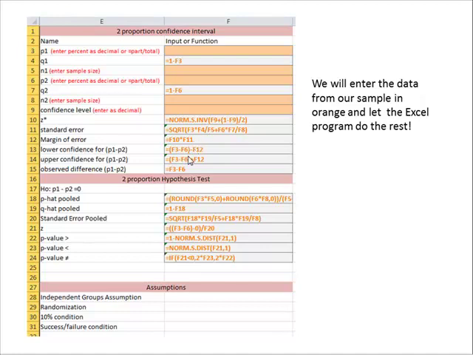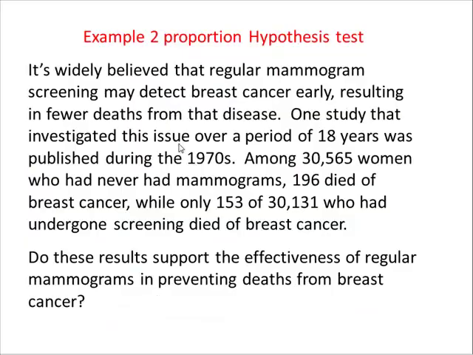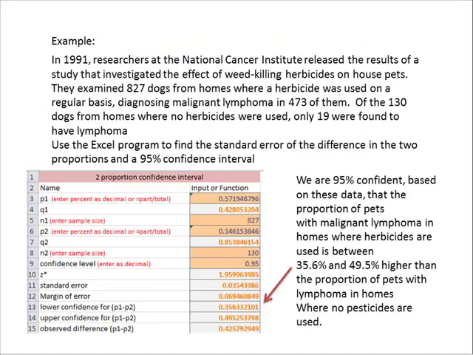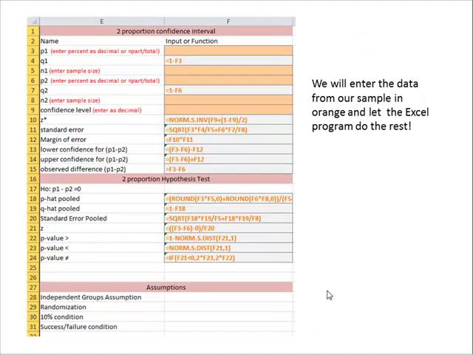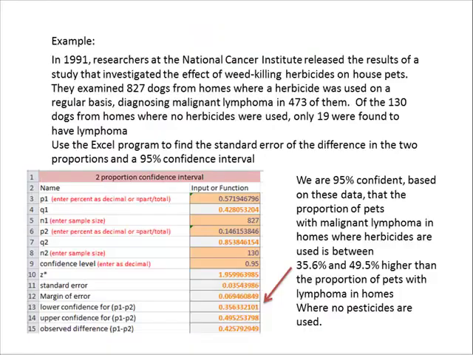And then your lower confidence level is just going to be, all right, let's find the difference in the two proportions, and then we'll subtract the margin of error. So your upper is going to be the difference in the two proportions, and we add the margin of error. In a minute, we'll talk about the hypothesis testing formula. What's interesting about the hypothesis testing formula, and I don't have it all in here, is that you're going to pool your variances. We'll look at that in a little bit, though.